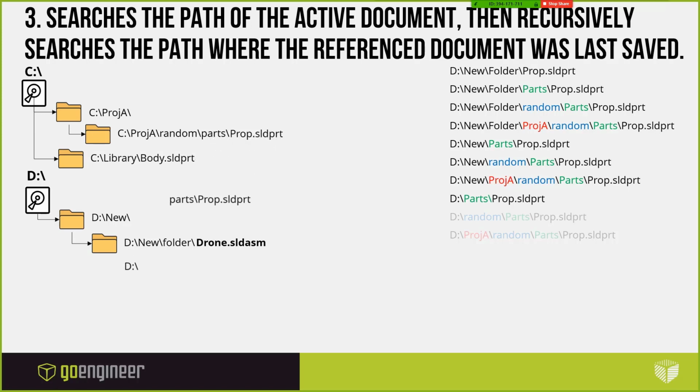So it will actually search for parts, prop, then search for the folder random with parts, and then the file prop, and then one more time grab the whole folder structure that it knows the part should be found in, and then try to put it on the C drive.